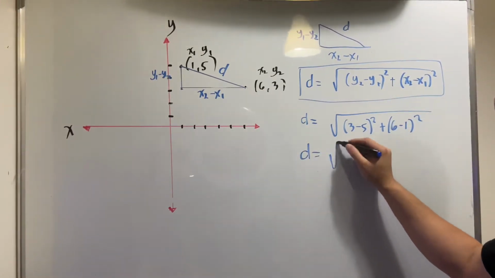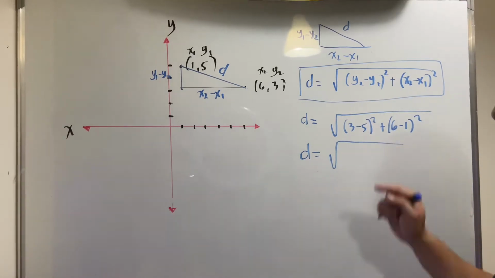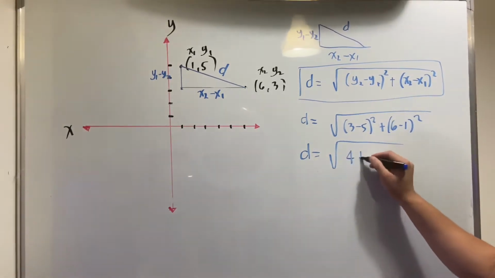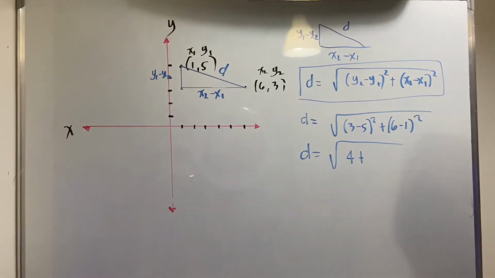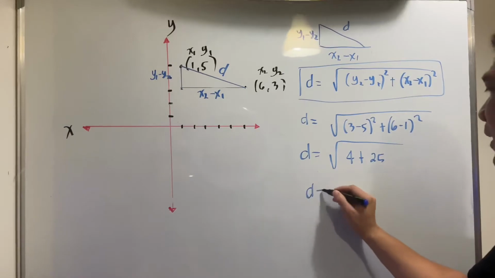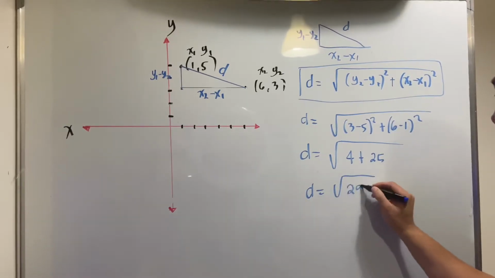So d is equal to: 3 minus 5 is negative 2 squared, that is 4, and 6 minus 1 is 5 squared, that is 25. So d is the square root of 29.